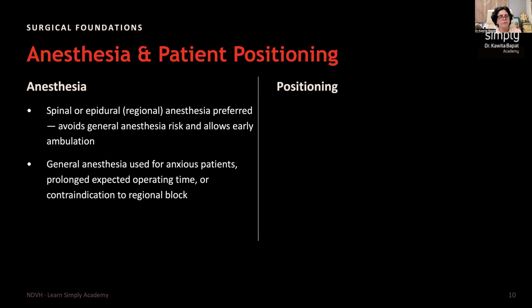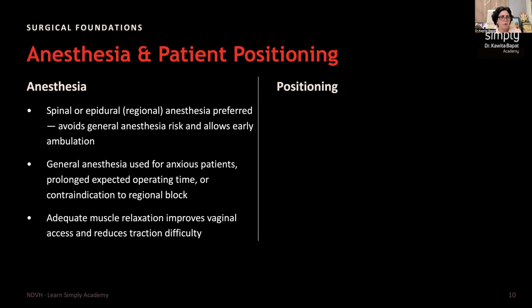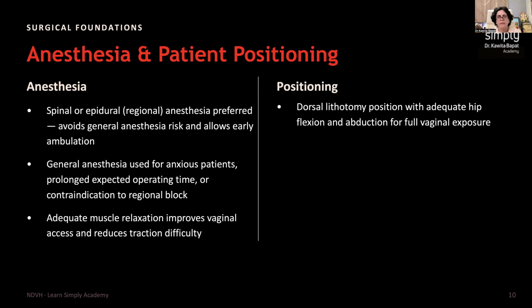Spinal anesthesia is preferred. General anesthesia is for the anxious patient, for prolonged expected time, or when there is a contraindication to the spinal block. Adequate muscle relaxation improves vaginal access and reduces the traction effect. Now, the important one is the positioning: dorsal lithotomy position, with adequate hip flexion and abduction for vaginal exposure.